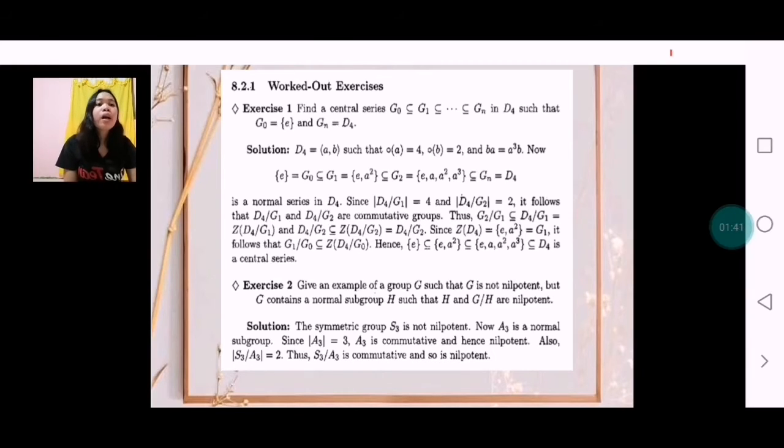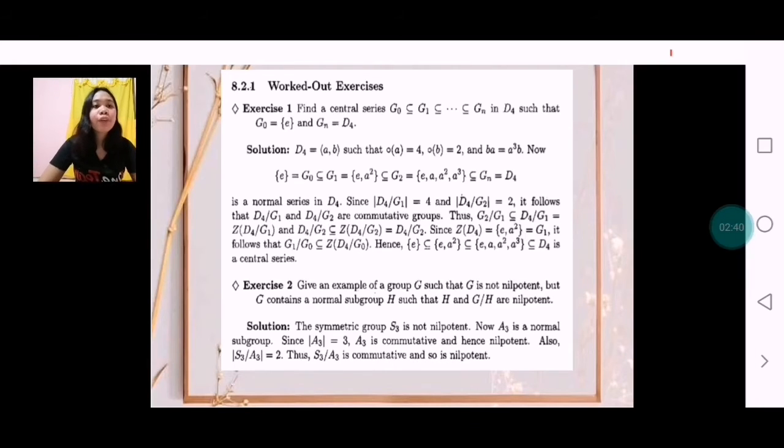Since Z of D sub 4 equals the set {e, a squared} equals G sub 1, it follows that G sub 1 over G sub 0 is a subset of C of D sub 4 over G sub 0. Hence, the set {e} is a subset of the set {e, a squared}, subset of {a squared, a cubed}, subset of D sub 4 is a central series. Exercise 2.